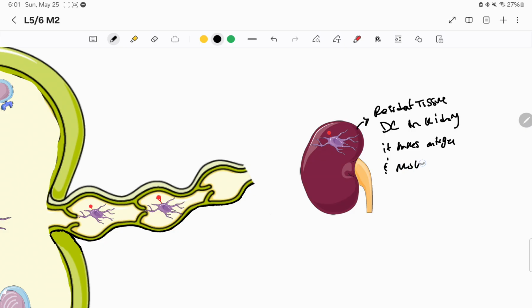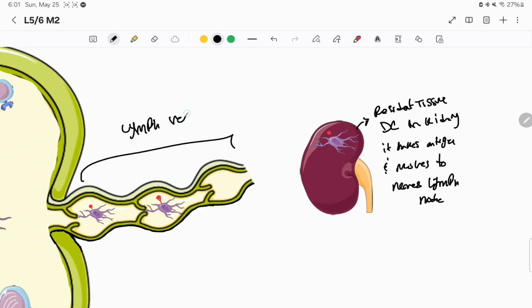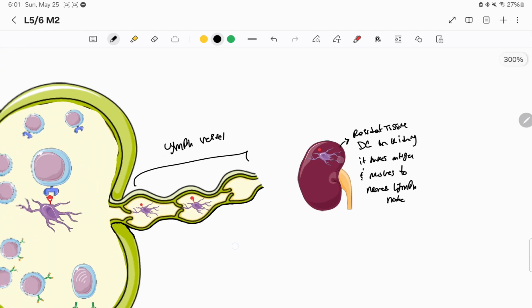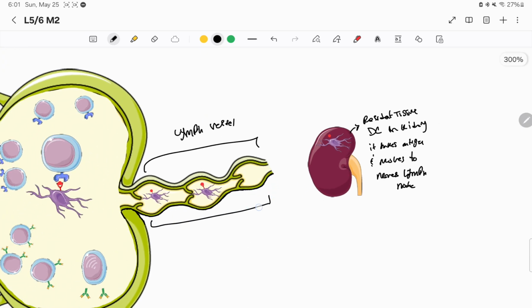And it moves to the nearest lymph node, okay? It moves to the nearest lymph node by going through a lymphatic vessel. Okay, because remember, every single tissue in your body has a lymphatic vessel that is connected to the interstitial fluid. Okay, and so these guys can easily just migrate into there.